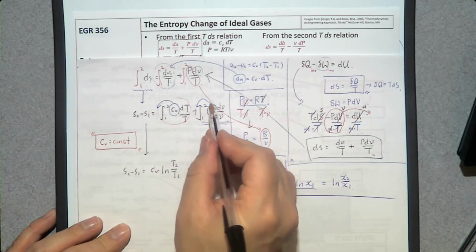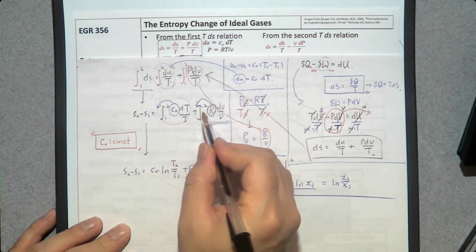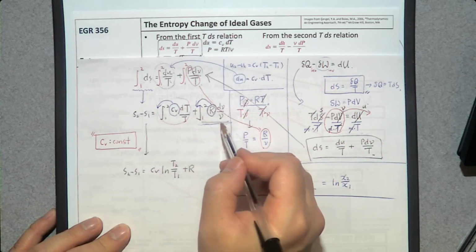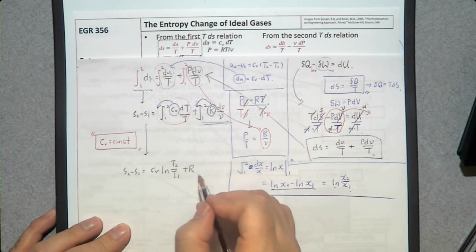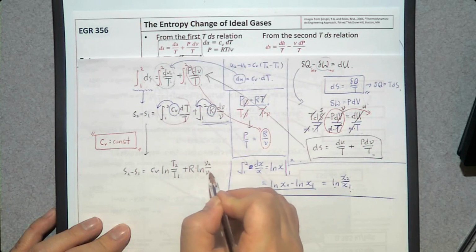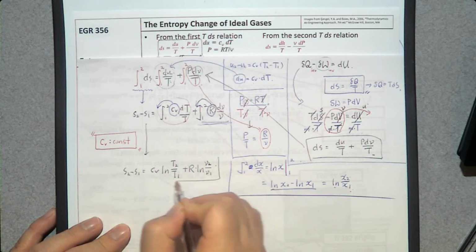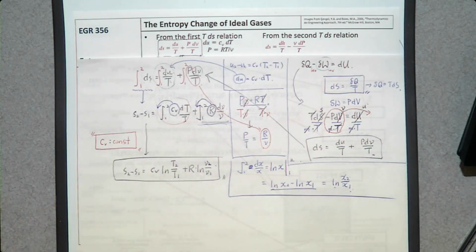This R comes in front. And what is the integral of dV over V? The same thing, natural log V2 over V1. And this is how we can determine the change in specific entropy.